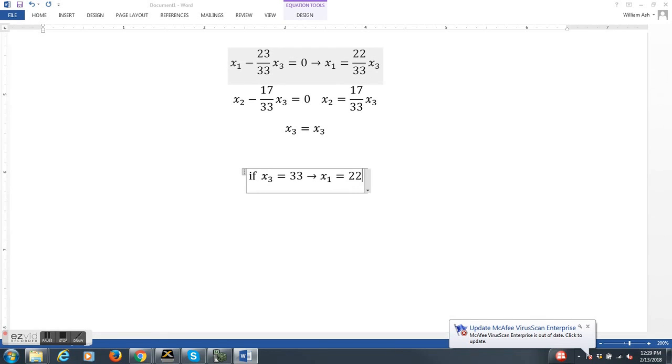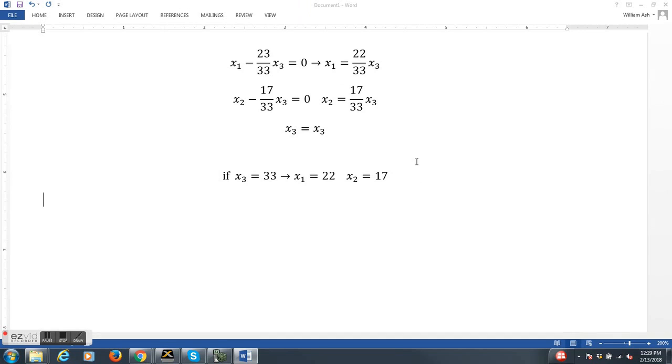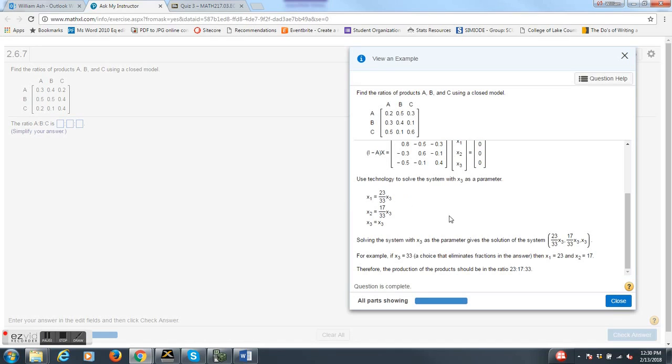And x sub 2 would be 17 over 33 times 33, which is just 17. And I think that is the answer they're actually looking for, 22 colon 17 colon 33.